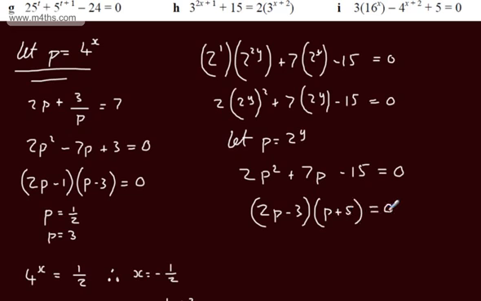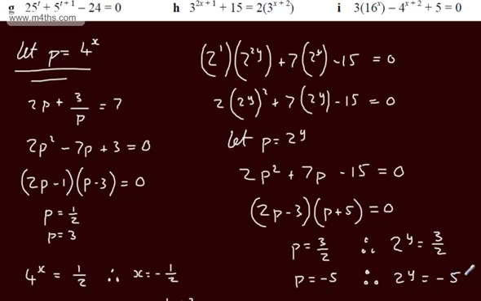That looks pretty good. Let's just check my factoring. 2p squared plus 10p minus 3p minus 15. So from here we can see that p would be equal to 3 over 2, or p would be equal to minus 5. Now let's just consider 2 to the y, so 2 to the y is equal to 3 over 2, or we've got this one now, 2 to the y is equal to minus 5.